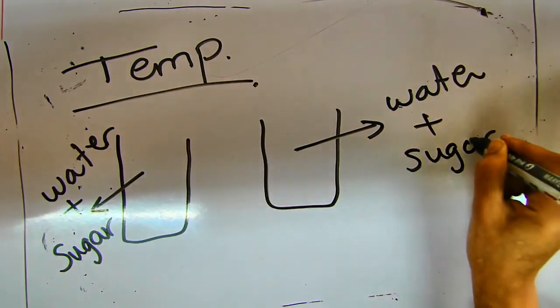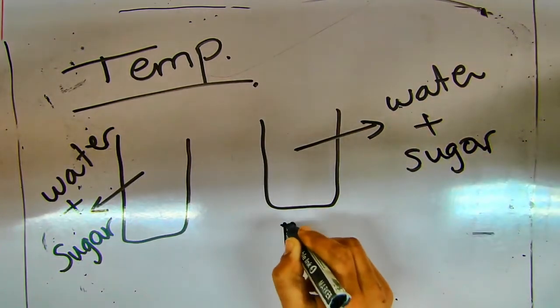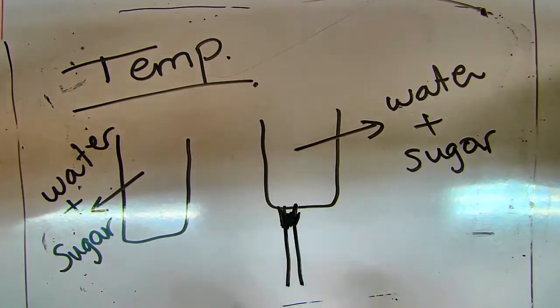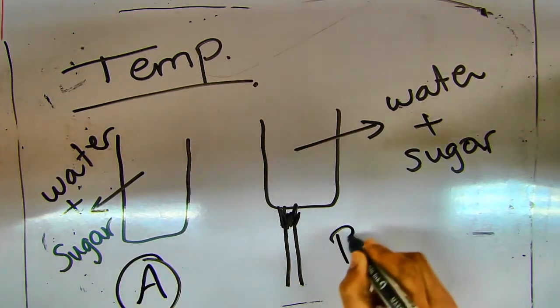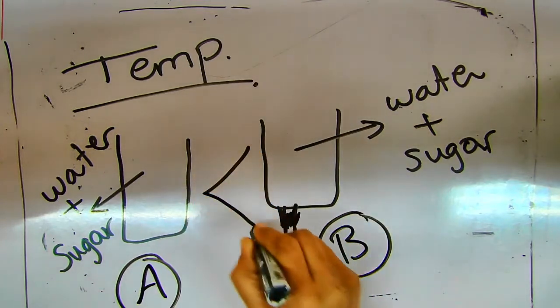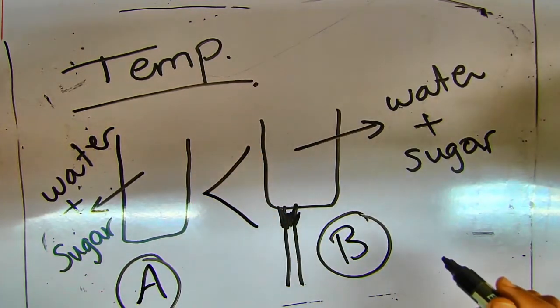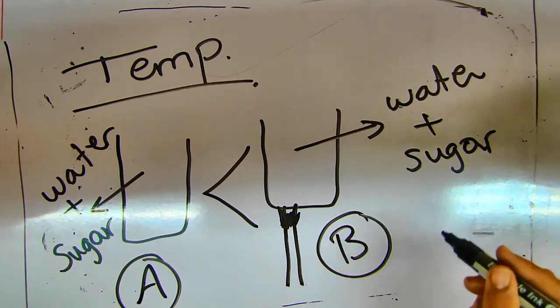But here I'm going to use a flame to heat this solution. What is your observation on the solubility? Which one will dissolve faster? It is A and B. Of course, B will take a shorter time to dissolve.